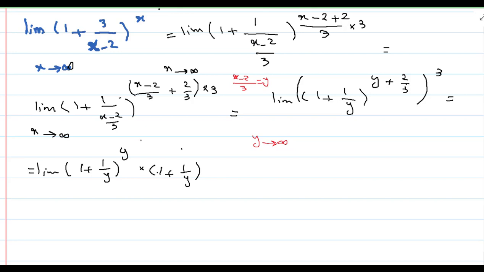The limit can come inside because it's continuous, so I can write this part to the power 3, as y approaches infinity. We will have this limit times this limit, according to the theorem. The limit of the first as y approaches infinity is e, and the other one over infinity is 0, so we have 1 to the power 3, and we get e to the exponent 3.